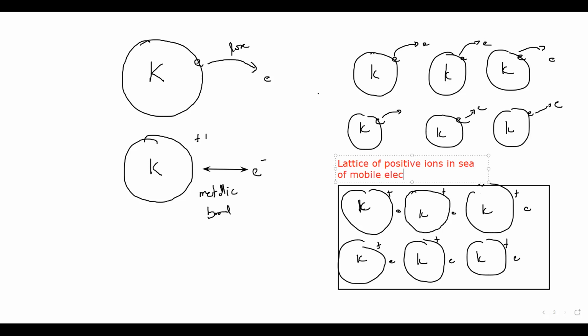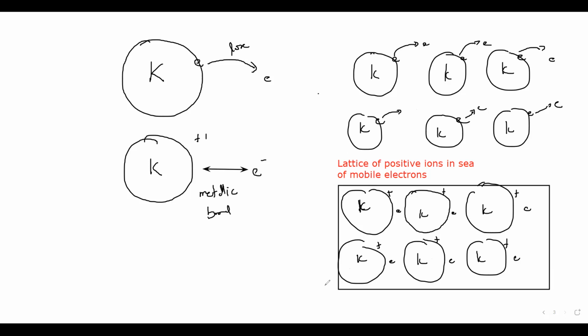You can say mobile electrons, or you can also say sea of electrons. Is it clear? The metallic structure. Any question or a doubt related to this part? So this is the structure for all the metals.